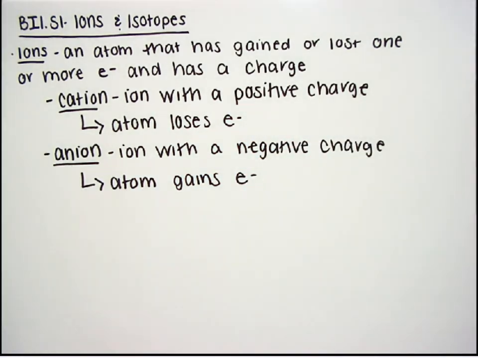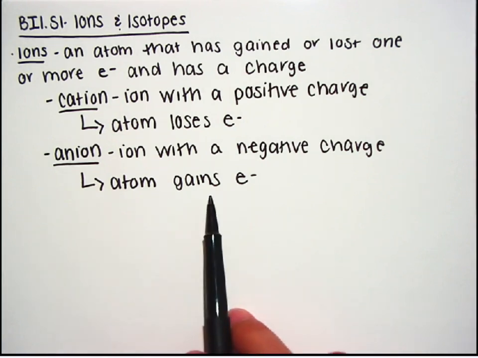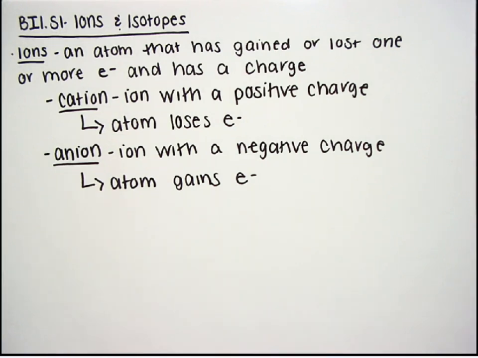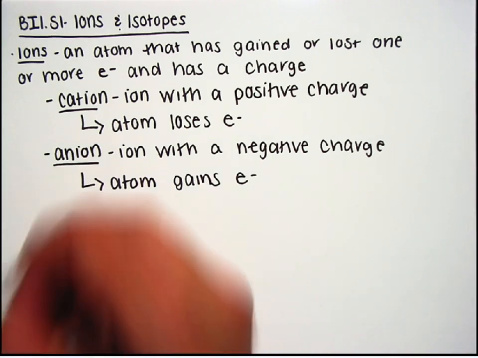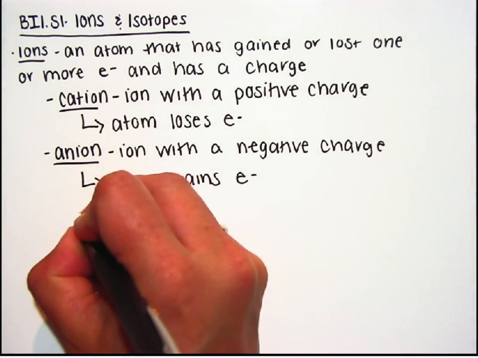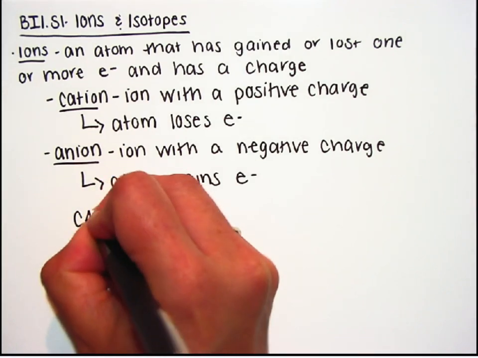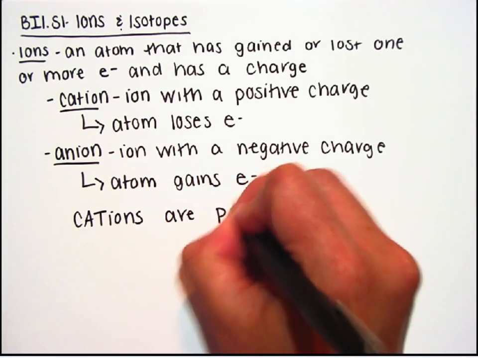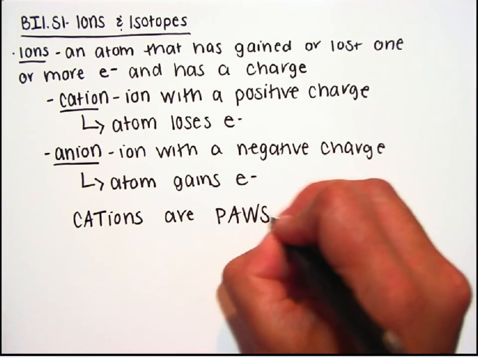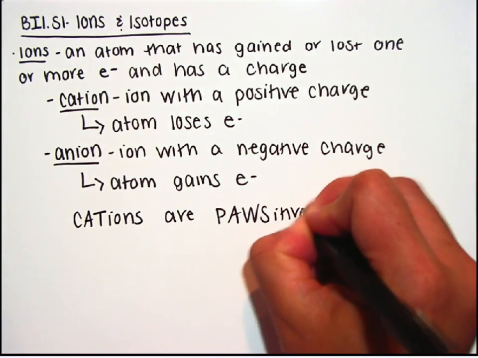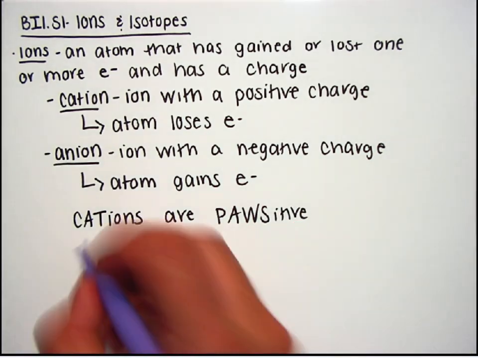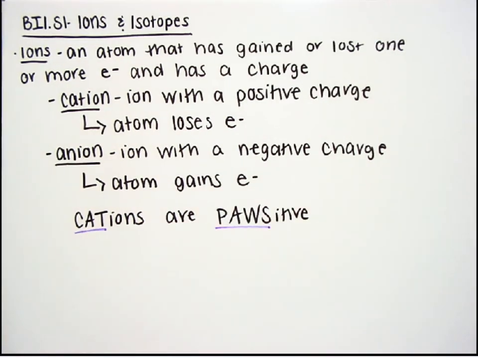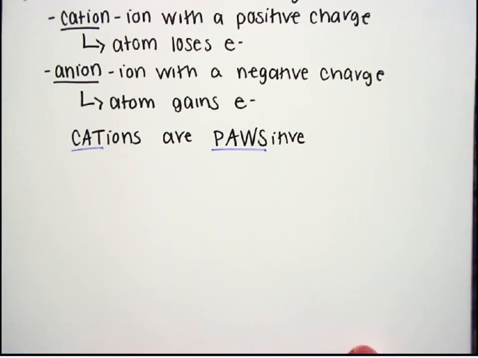If you have an atom that is neutral and it gains electrons, you're adding more negative charges, so it's going to be overall negatively charged. Well, how do you remember which one is which? Remember that cations are positive because cats have paws. It's just a silly way to help you remember which one is which.